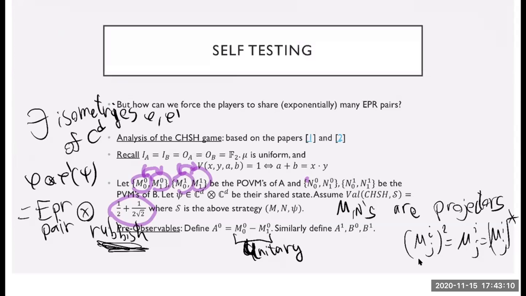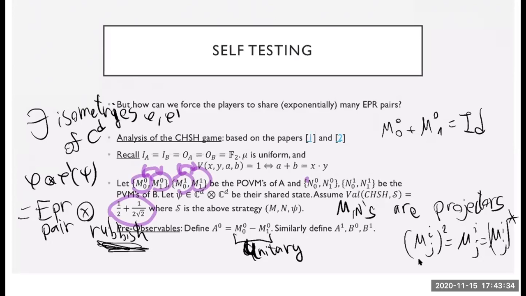So let's check that this is true. This is quite a straightforward calculation. So the point is that we know that M00 plus M01 is just the identity. What is a reflection? Right. You're correct. This is an order 2 unitary. So all its eigenvalues are just plus minus 1. Right?